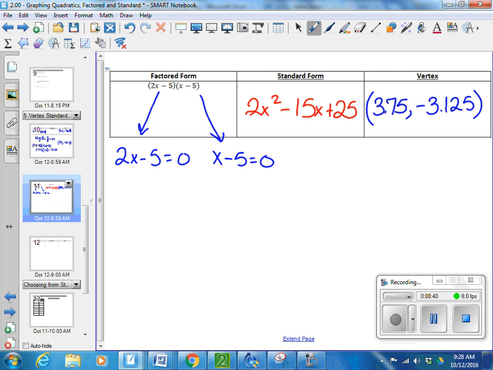So I work through this one, I would get x equals 5. If I do this one, I'd have 2x equals 5, and then have to divide by 2. So x will be 5 over 2, or 2.5. Alright?